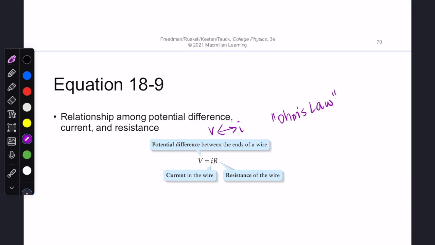Ohm's law tells us that it's a simple linear relationship between potential and current. So if I apply a potential V to a wire, then I'm going to get this amount of current, V over R, in the wire. So the amount of potential I apply is scaled by R, and that tells me how much current I get.